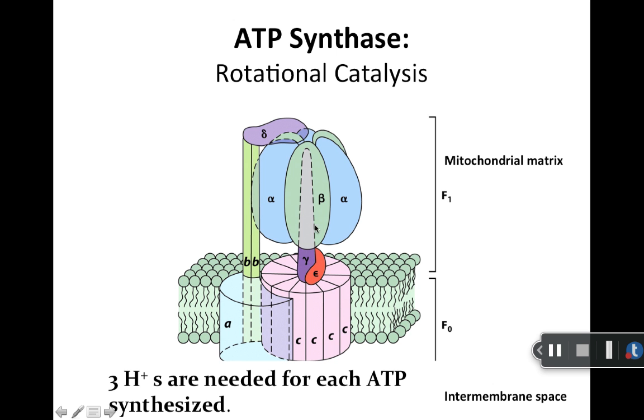They cause the portion that's inside the cell to rotate, and as they rotate, the energy of that rotation is used to make a molecule of ATP. For each ATP synthesized, 3 hydrogen ions pass through the membrane via the ATP synthase enzyme.